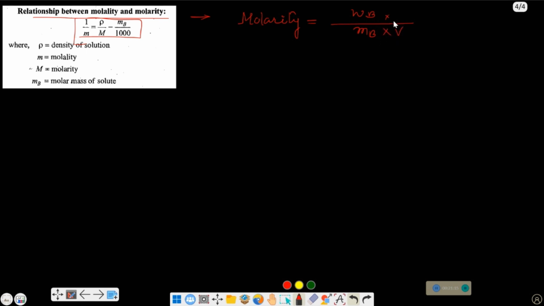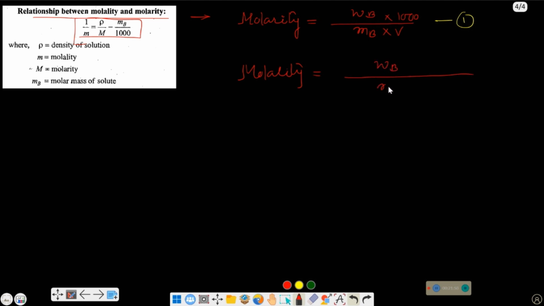Okay. So this is the formula for molarity, right? Here Wb by Mb is the number of moles of the solute, divided by volume in ml. So make it in liter, multiply by 1000, and this gives the molarity. This is, suppose, equation number 1. And molality can be written as how much?